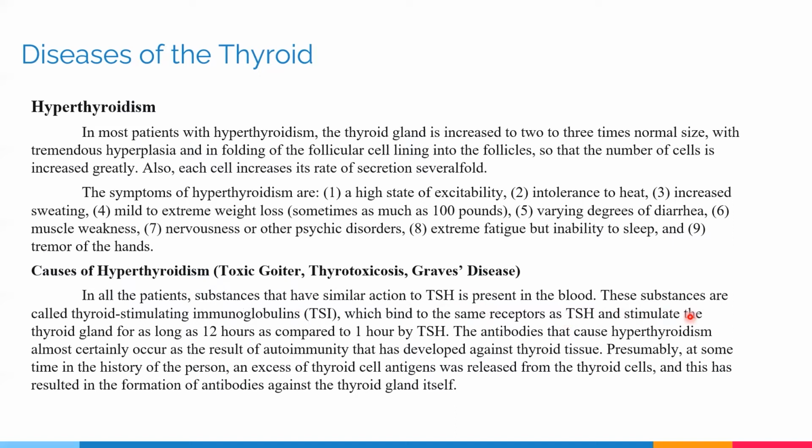These substances are called thyroid stimulating immunoglobulins, or TSI, which bind to the same receptor as TSH and stimulate the thyroid gland for as long as 12 hours as compared to just 1 hour by TSH.